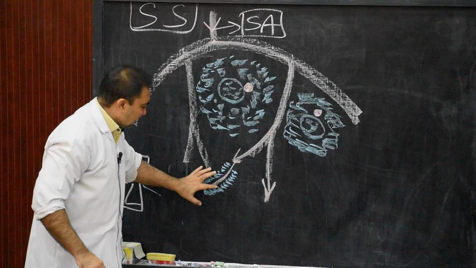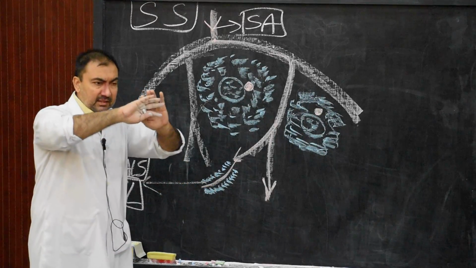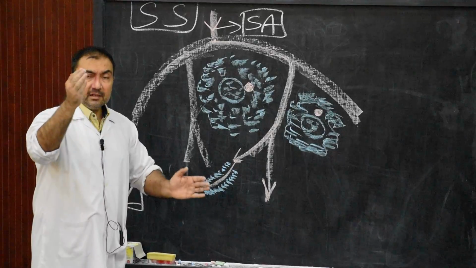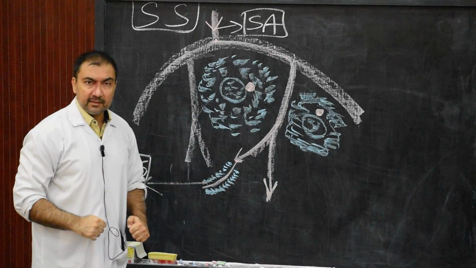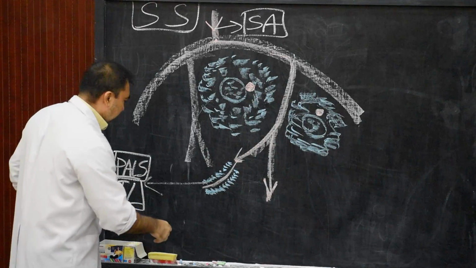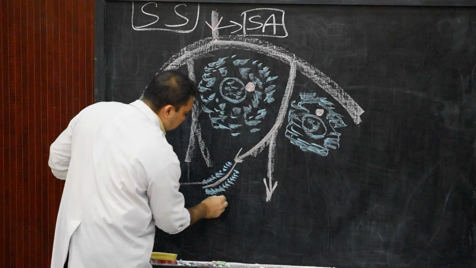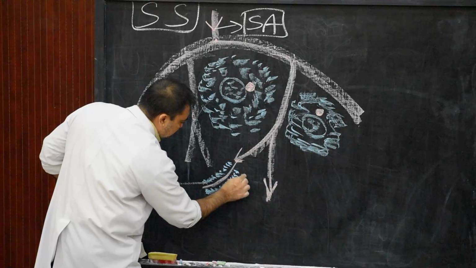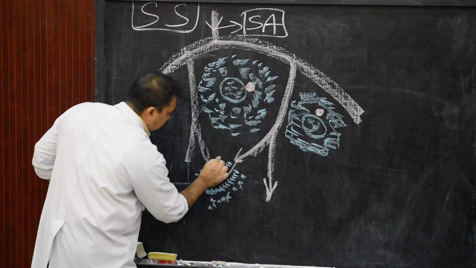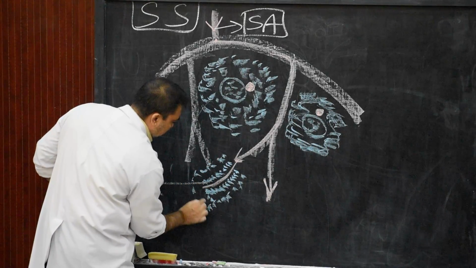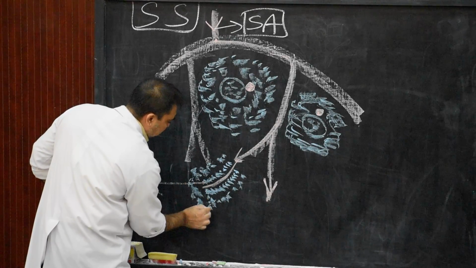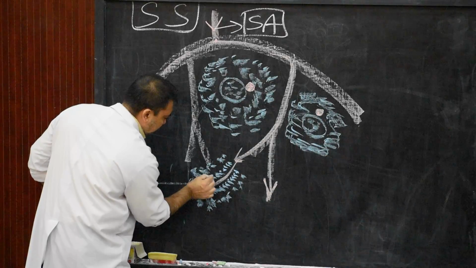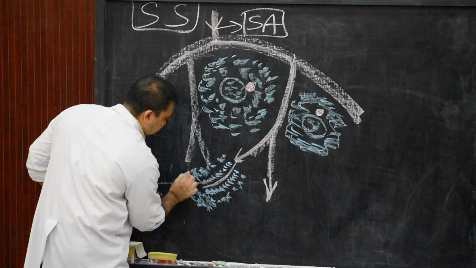Surrounding this peri-arteriolar lymphatic sheath, it will be surrounded by the lymphatic nodule. The entire lymphatic nodule will surround this peri-arteriolar lymphatic sheath. So this structure will once again contain a lot of lymphocytes, and these lymphocytes will surround this entire peri-arteriolar lymphatic sheath, in which the central artery will remain in the eccentric position.